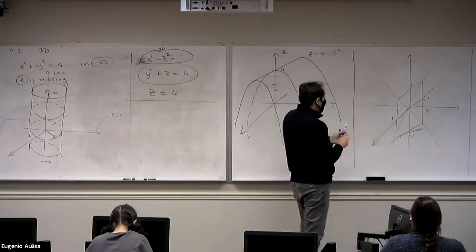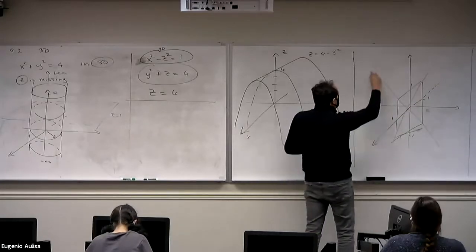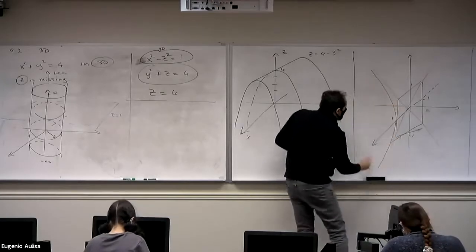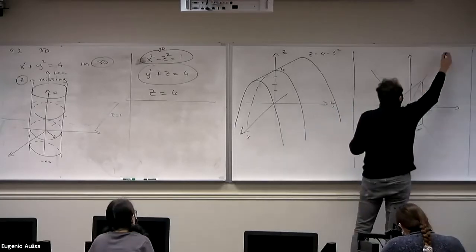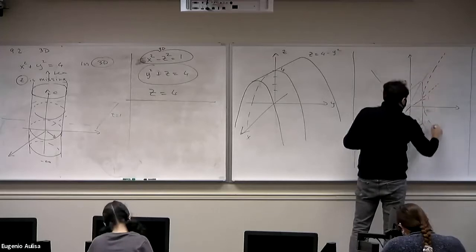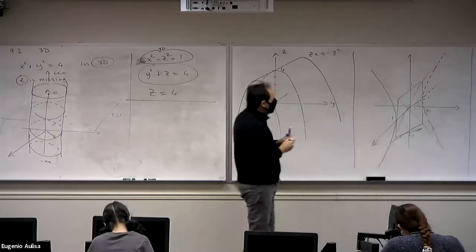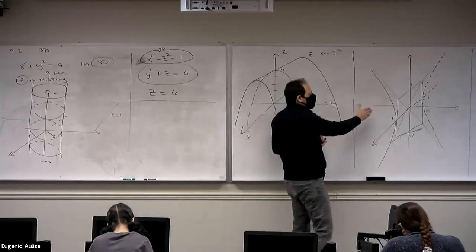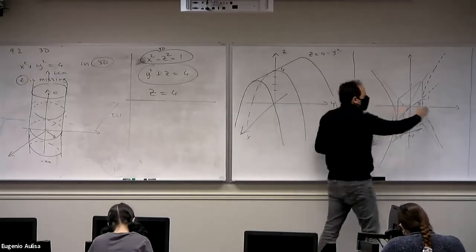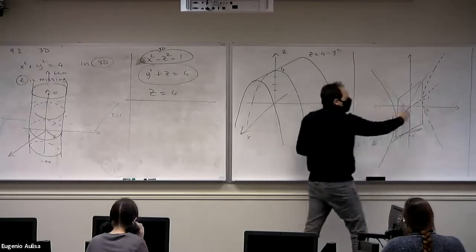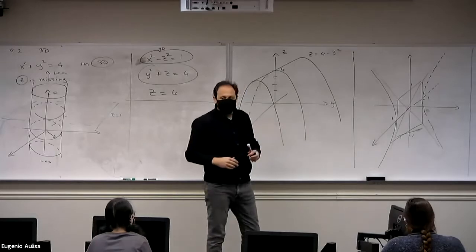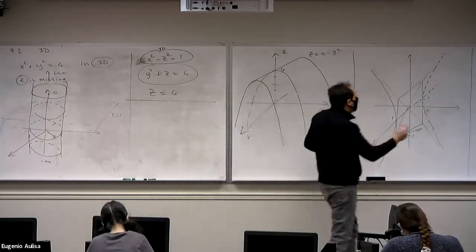Then these hyperbolas will be this one and this one in the back, dashed. And then you are going to take these two branches of the hyperbolas and shift them front and back. Sorry, left and right, not front and back.